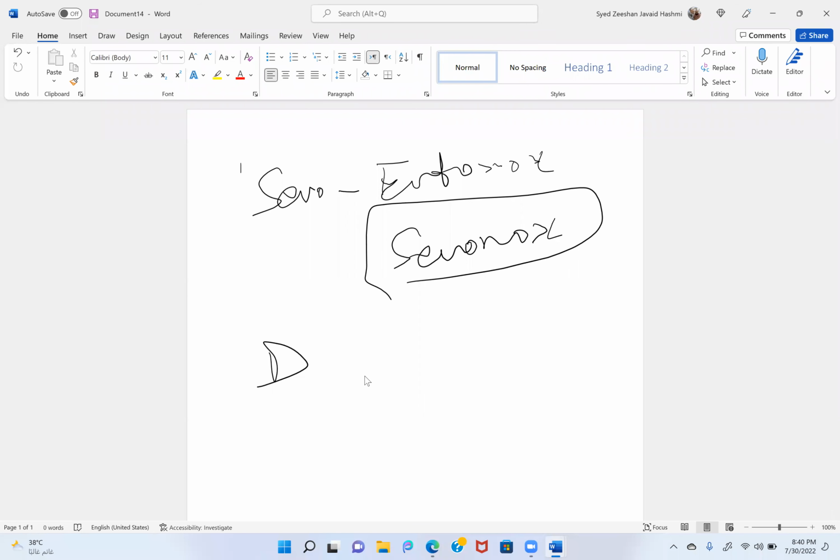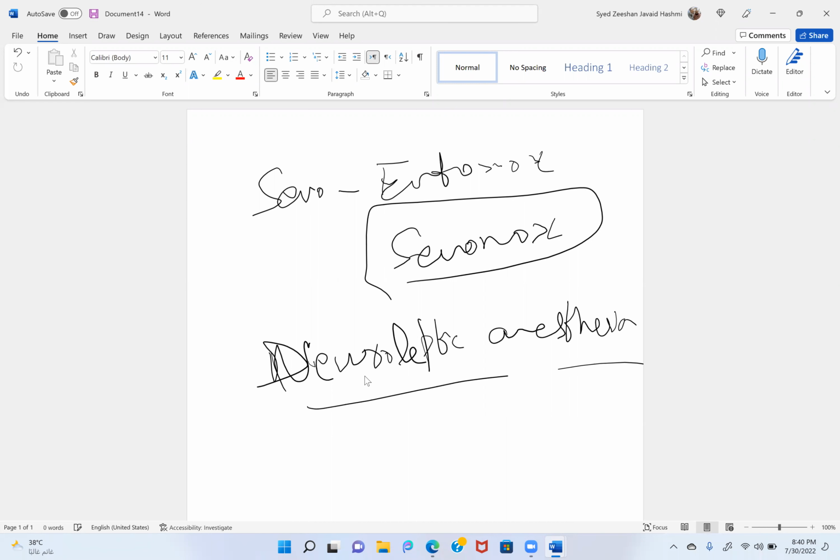Then there is another terminology, neuroleptic anesthesia. I forgot it. I think it has opioids plus a combination of fentanyl and something else, antipsychotics.